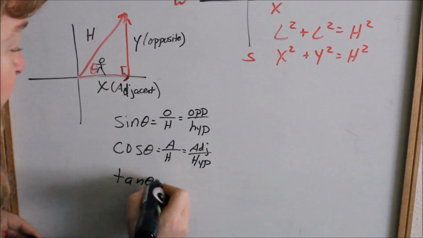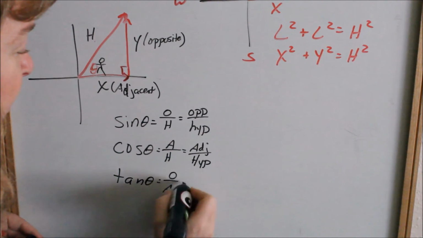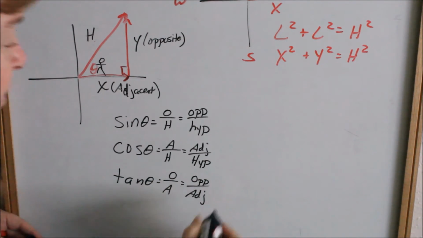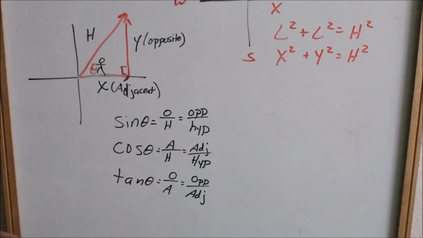Tangent theta is opposite over adjacent, the opposite side over the adjacent side. We will be using trig functions in vectors.